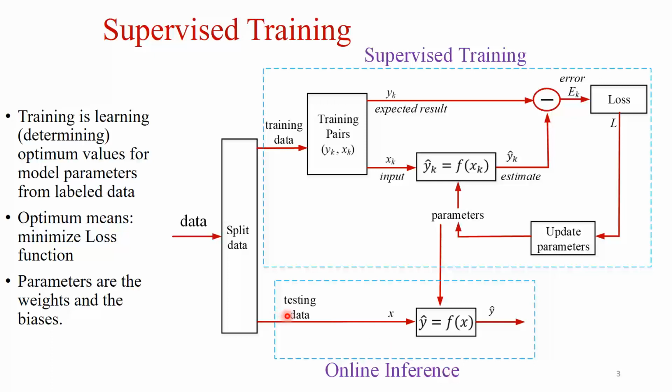Now I use the testing data to get the estimated output as well, obviously. So the main purpose of training is to find the optimum values of the parameters, which provide the minimum loss function L right here.